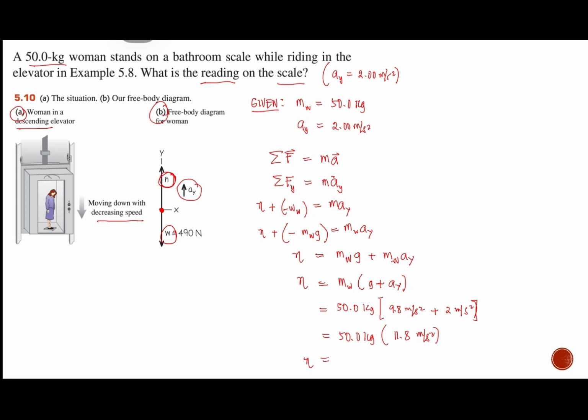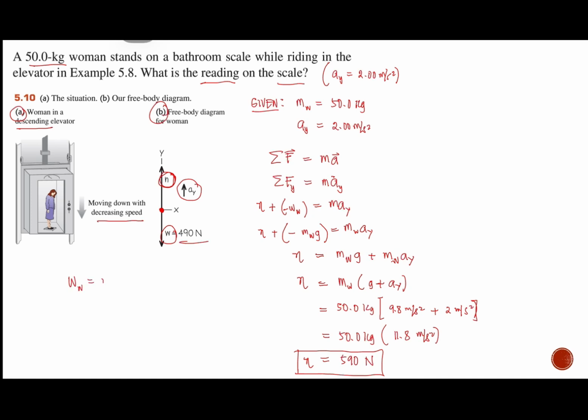If you have calculators right there, you can try to compute this one. 50 times 11.8 is equal to 590. This is in newtons. So the normal force is equal to 590 newtons.